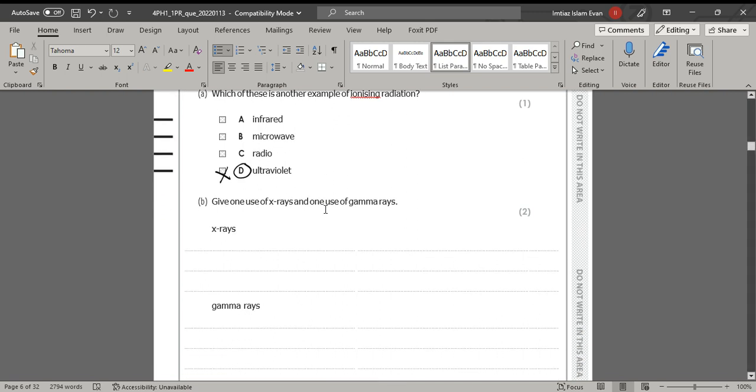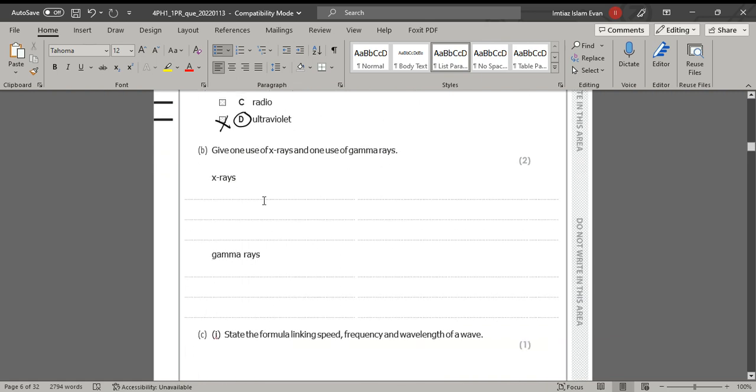Okay. The next question says, give one use of X-rays and one use of gamma rays. These are very common questions that usually come in the IGCSE Edexcel exams, so you need to memorize the answers here.